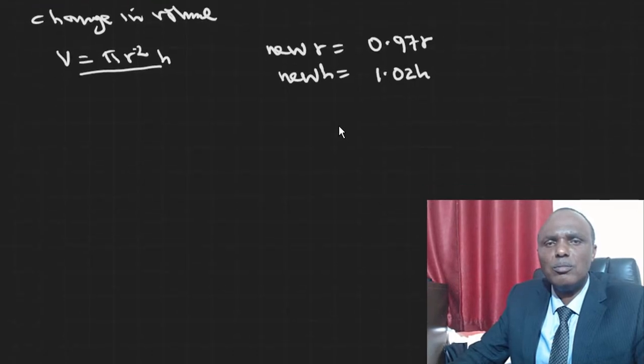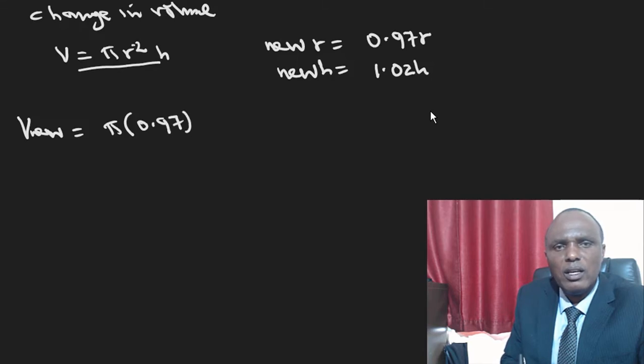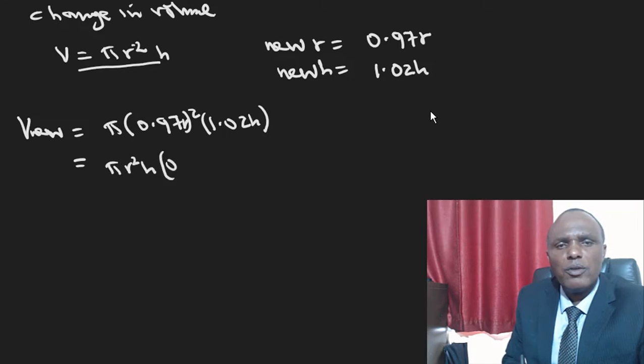The new volume after applying the change is pi times 0.97r squared multiplied by 1.02h. So the new volume is the same as pi r squared h multiplied by 0.97 squared multiplied by 1.02.